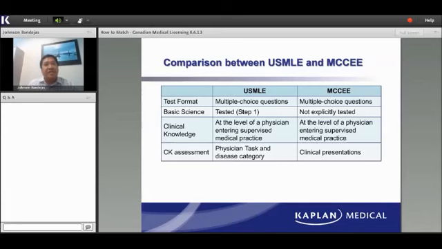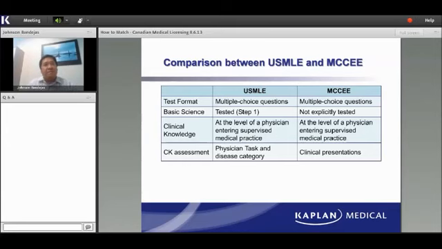However, the MCEE will not explicitly test you on basic sciences like anatomy, biochemistry, and physiology, unlike USMLE Step 1. What they focus on is more similar to Step 2 CK of the USMLE.